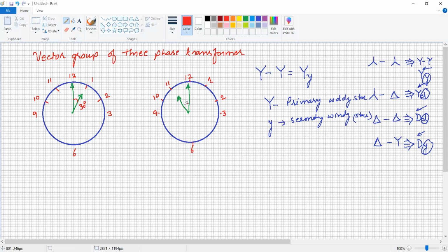Similarly, here also 30 degrees. The first is the minute hand, and it represents the primary winding, and the hour hand represents the secondary winding.